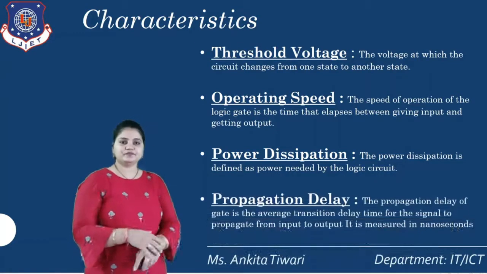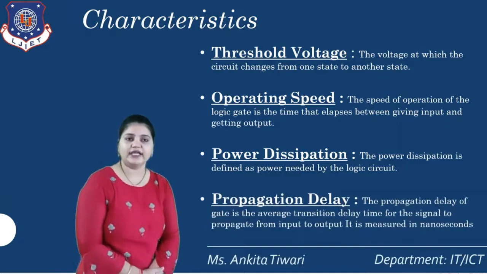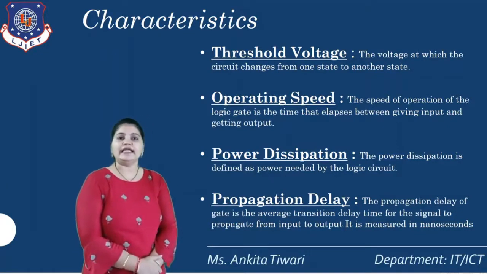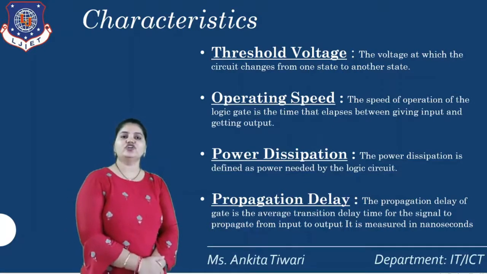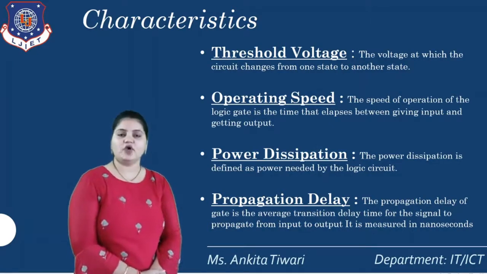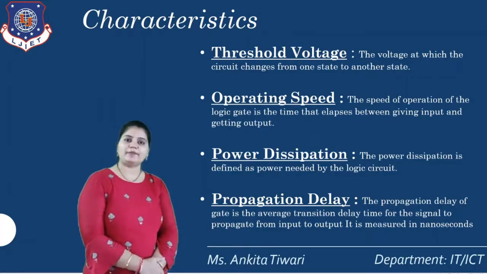The last characteristic is the propagation delay. The propagation delay of the gate is the average transmission delay time for the signal to propagate from input to output. It is measured in nanoseconds. So these are the characteristics of any of the devices you are using in logic families.